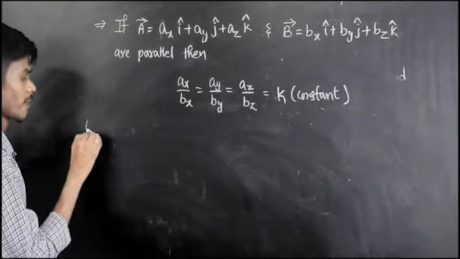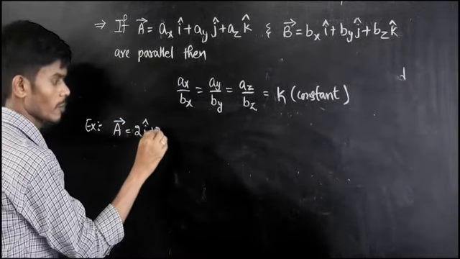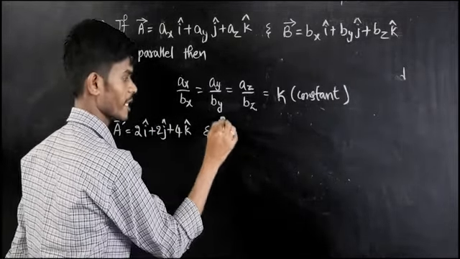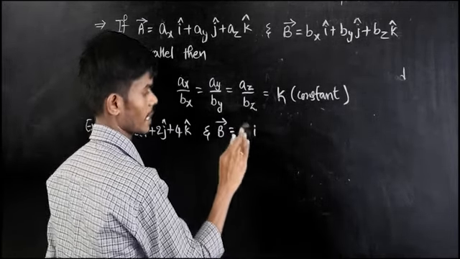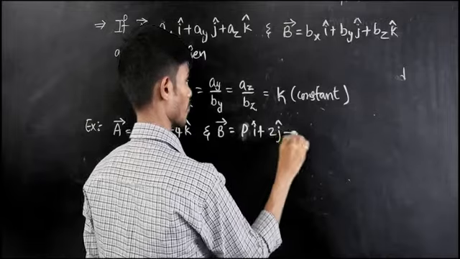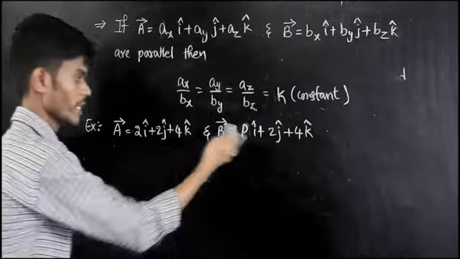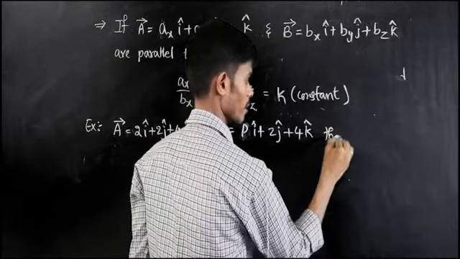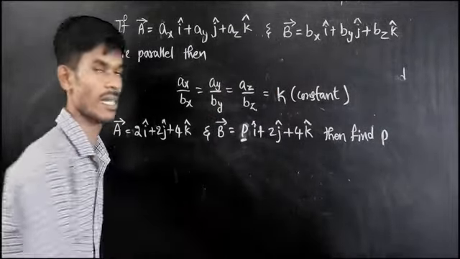See, for example, consider vector a bar given by 2i cap plus 2j cap plus 4k cap, and b bar vector given as p i cap plus 2j cap plus 4k cap. If these two vectors a bar and b bar are parallel, find p. So here p is the unknown value.